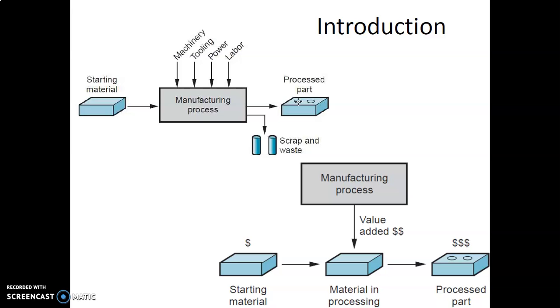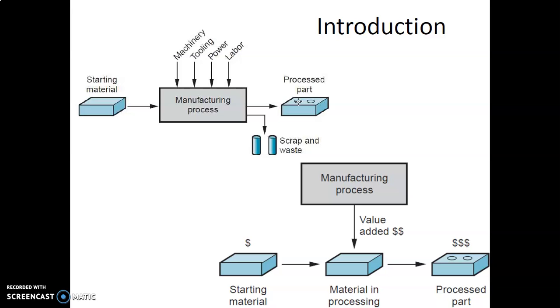So here you can see we have a raw material, that is the starting material. In between we have a manufacturing process with machinery, as we have discussed, drilling or milling. Here tooling, power, labor. So these are some extra inputs that we require to complete our component.